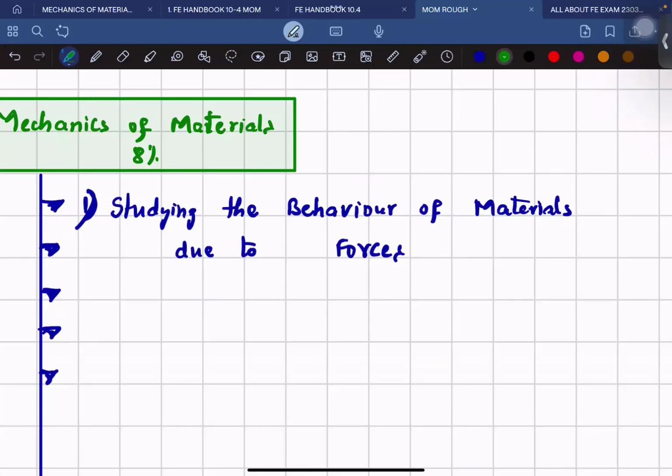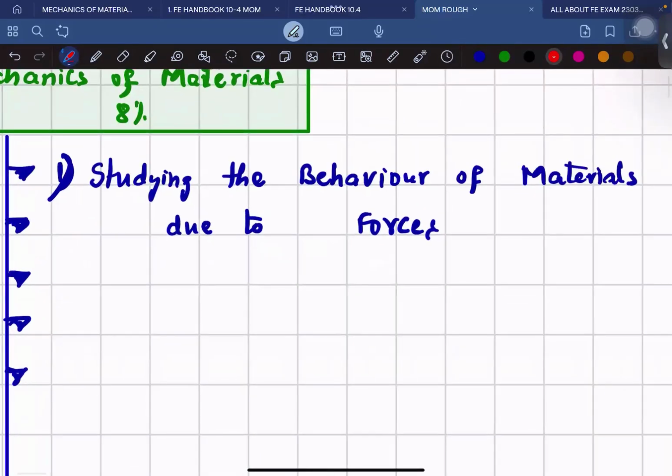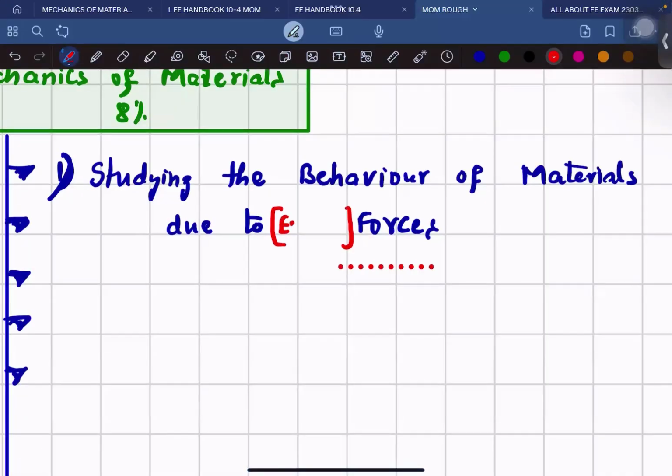Yes. So your name, please. Samir. So Samir has given one new improvement in this definition. Actually, it's studying the behavior of materials due to external forces, to be very precise. So the definition has improved.